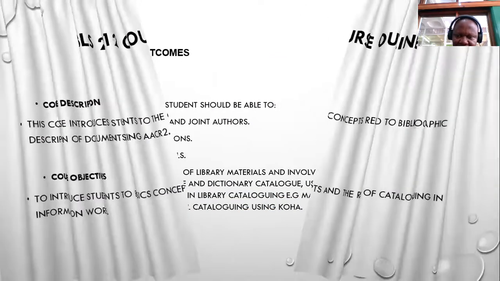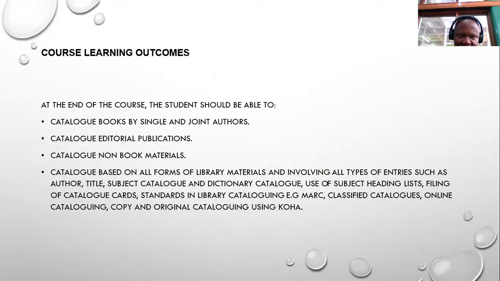The learning outcomes: at the end of the course, the student should be able to catalog books by single and joint authors. I think I need to emphasize this. From this learning outcome, you remember in the first semester we handled single author, 2 authors, and then we stopped at 3.